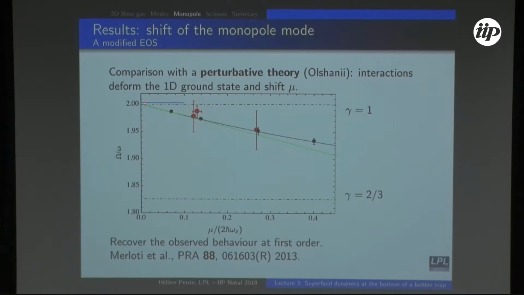And we were able to also predict the slope observed at small values of mu, because it's a perturbative theory, so it's valid for mu very small compared to omega z. Let me point out that this is the PhD work of Carina Merlotti, who is Brazilian and studied first at University of São Paulo.